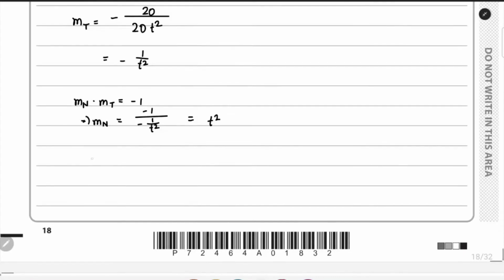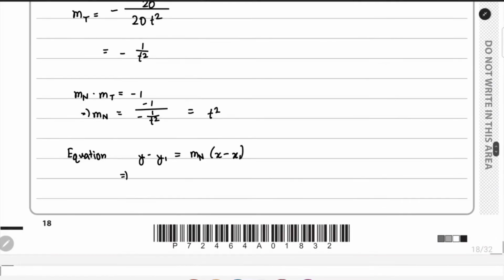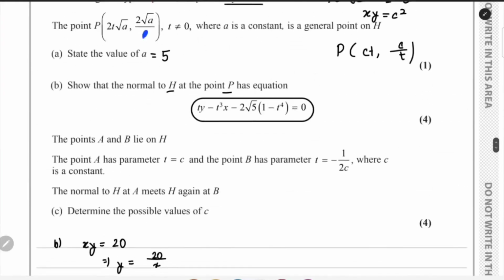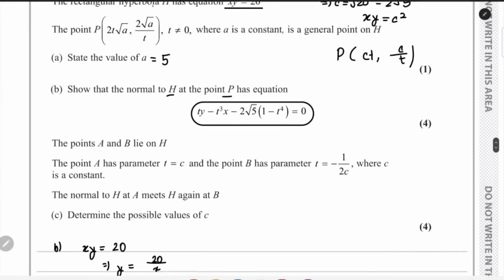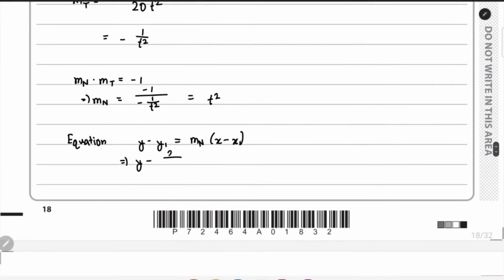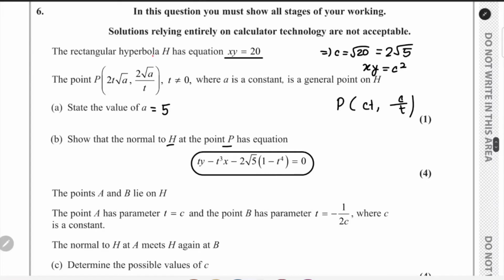Now we can use the equation y minus y1 equals the gradient of normal times x minus x1. The value of y1 is 2 root 5 by t. The gradient is t squared, and I have x minus x1, which is 2t root 5.